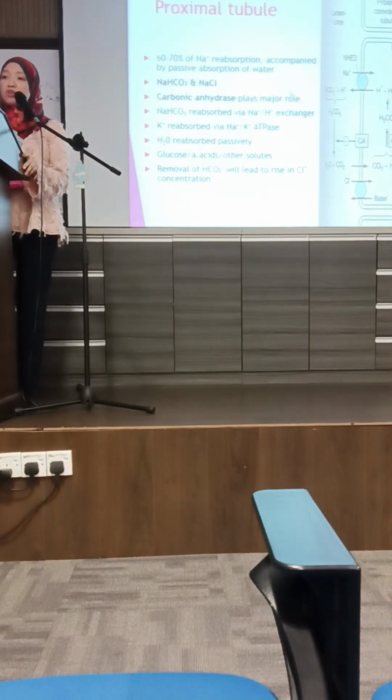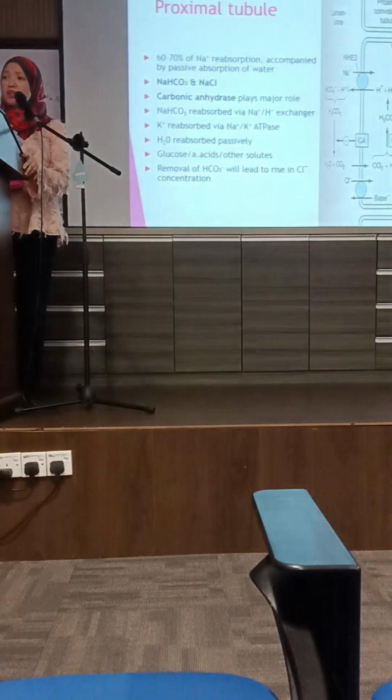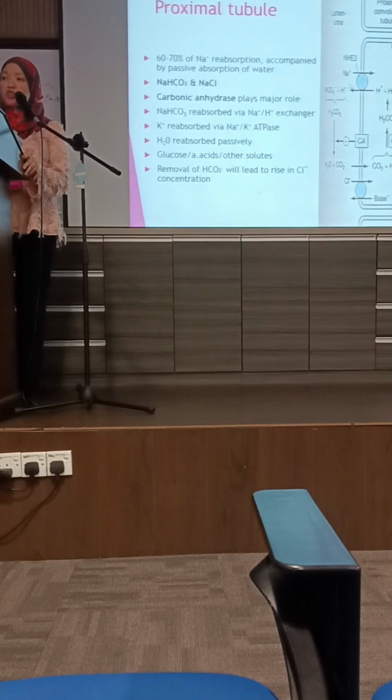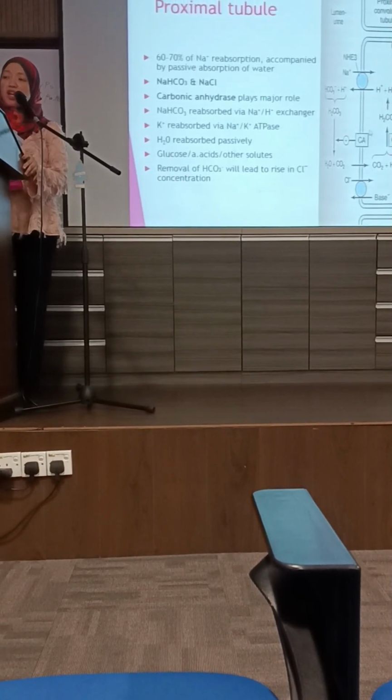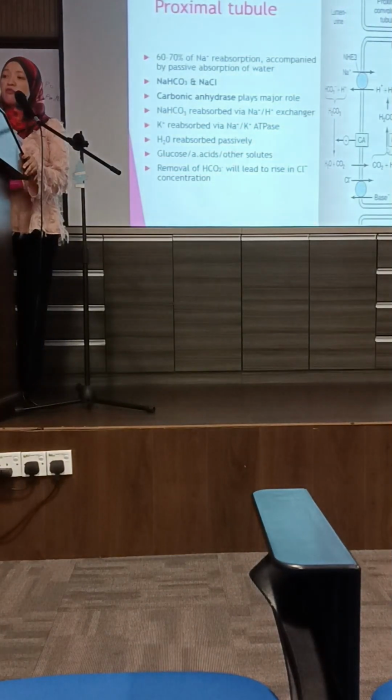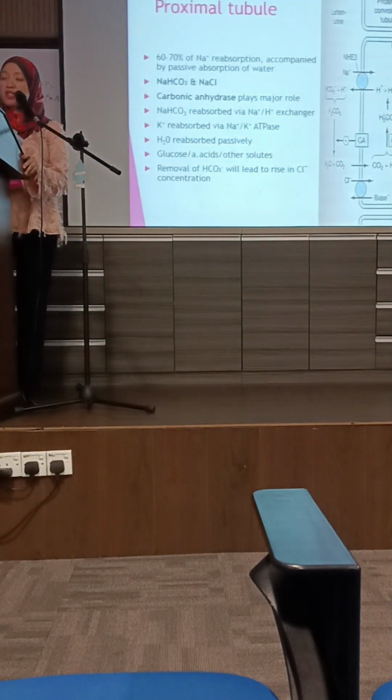So this is just a recap for you. When sodium enters the cell, this happens in exchange with hydrogen ion. Hydrogen will combine with bicarbonate to form carbonic acid, and then carbonic anhydrase, this is an enzyme, will dissociate carbonic acid into water and carbon dioxide, and it will enter the cell, and then carbonic anhydrase will again form carbonic acid and then dissociate again into hydrogen and bicarbonate.